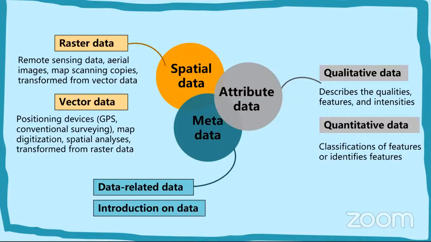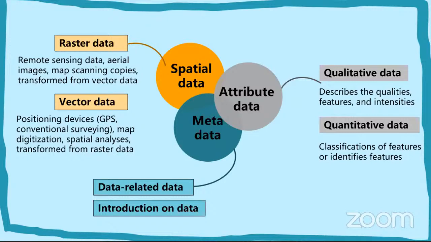While the attribute data is the information linked to the geographic features and that describes the features. It has qualitative data that mostly describes the qualitative features, and also quantitative data that helps to describe the classification of features or identifies the features.